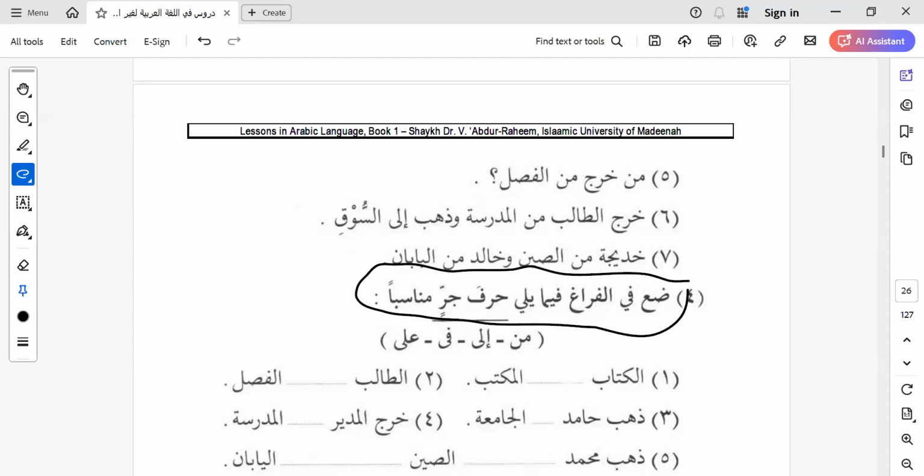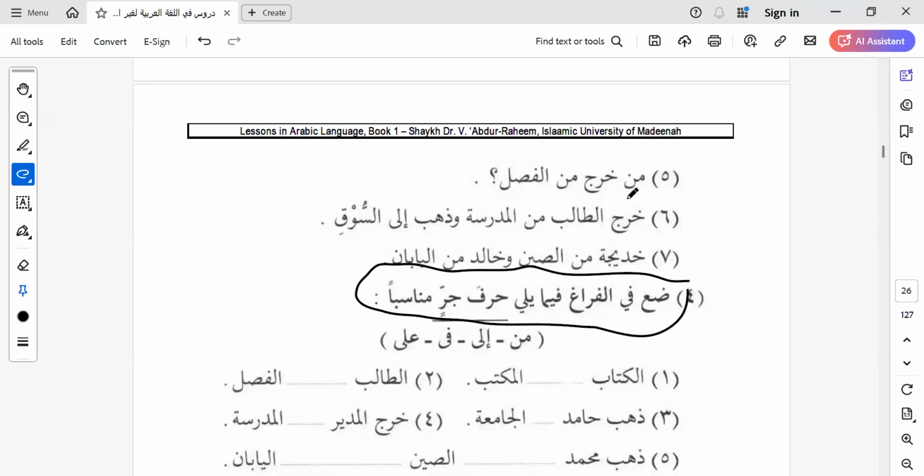I think it's "ḍaʿ fī l-farāghi fīmā yalī ḥarfa jarrin munāsiban." Yeah, basically the question is حرفا جر مناسبا. What is مناسبا?